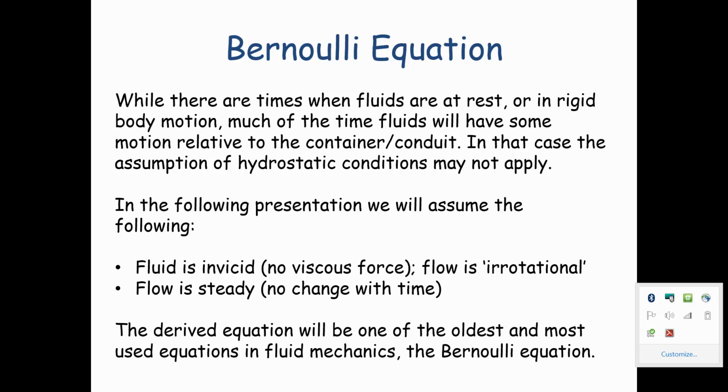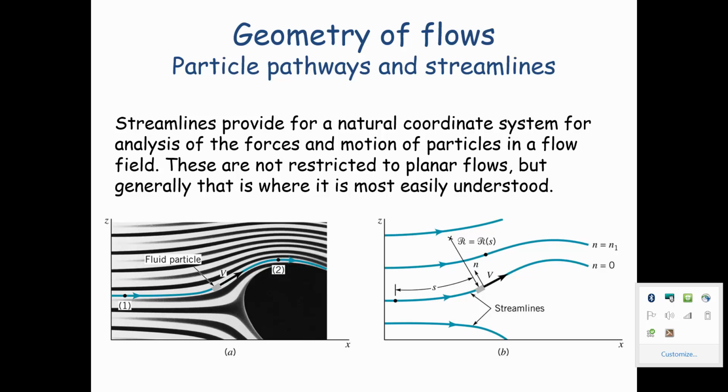So at any given location in a moving fluid, for steady state flow conditions, the pressure at that point, the velocity at that point, the density, temperature, all different variables associated with the fluid flow will be constant as a function of time. And as I mentioned before, the equation that we'll be deriving here is one of the oldest equations used in fluid mechanics, the Bernoulli equation.